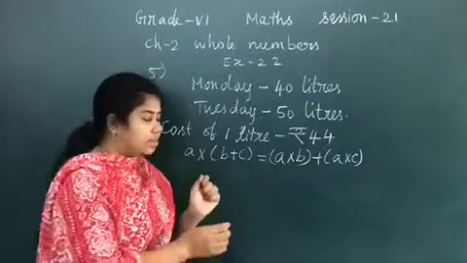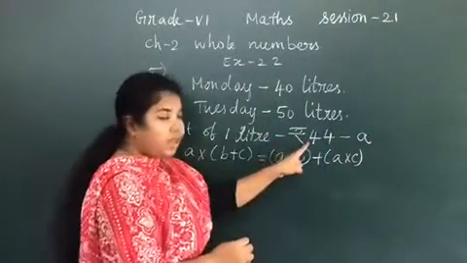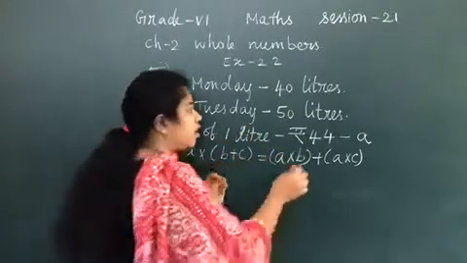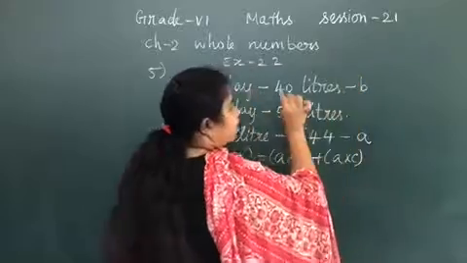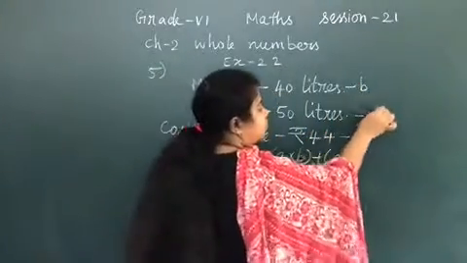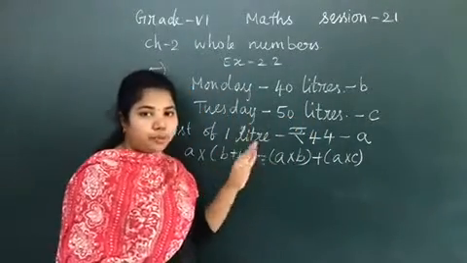Let us consider the rupees for 1 liter of petrol as A. Let the petrol he filled on Monday be B, and for Tuesday, let it be C. So this is our distributive property.